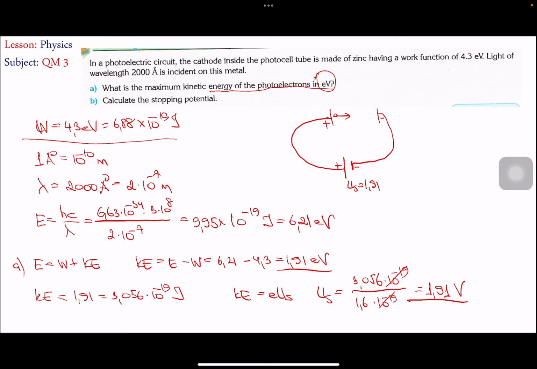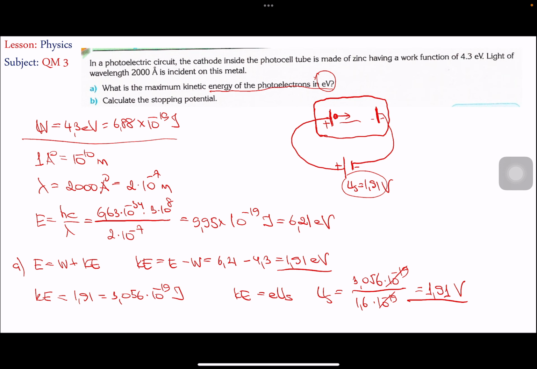If it is 1.91, it means that these photoelectrons will not reach the other side, I mean this plate here, because the potential that I've applied here, 1.91, will stop them and prevent the motion of the photoelectrons from the positive pole here to the negative side. Of course, it will be also enclosed within a vacuum tube here, and I hope that you understand this.